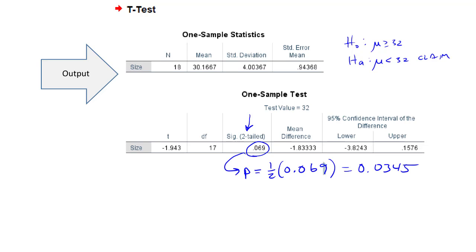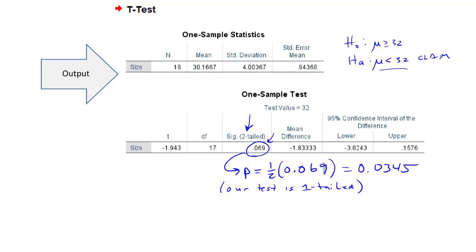Again, we're taking half because this is one-tailed. If we were doing the two-tailed version, we would just take that value as it is. But if we're doing a one-tail, then we have to take half of it.